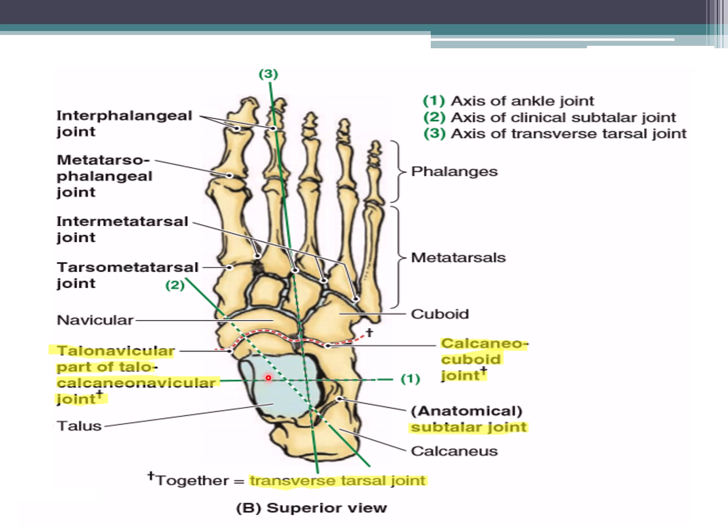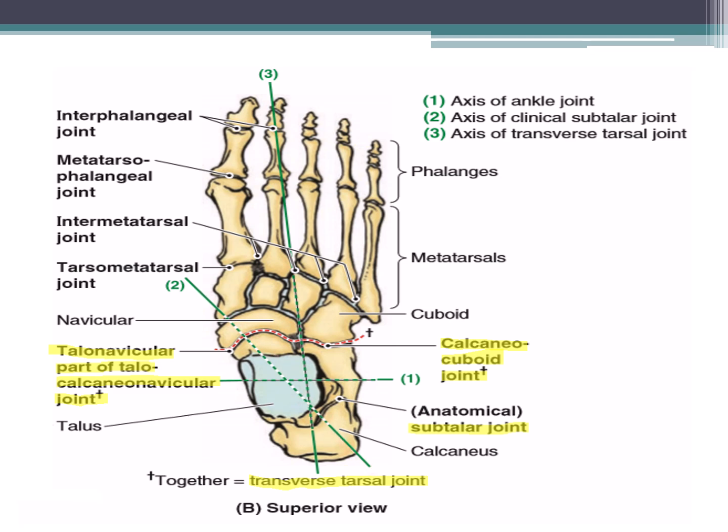So movement occurs at both these joints together, and together, the anatomical subtalar joint and the talocalcaneal part of the talocalcaneonavicular joint are known as the clinical subtalar joint. The movement around this clinical subtalar joint is inversion and eversion, which occurs at an oblique axis.